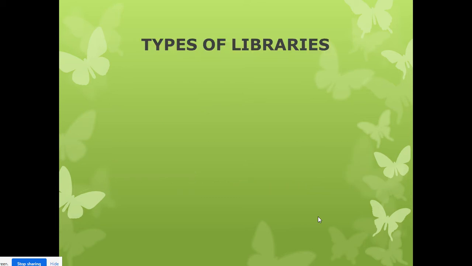How many types of libraries are there? There are four types of libraries. Number one, academic library.